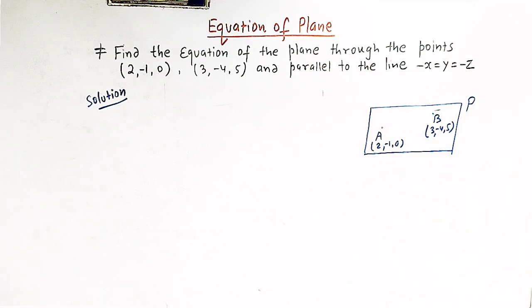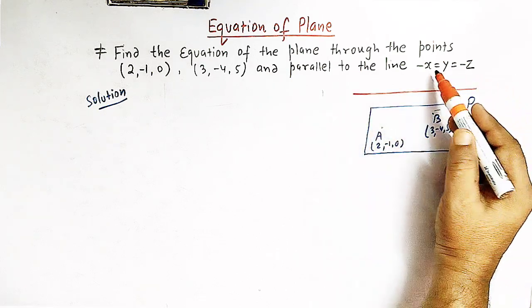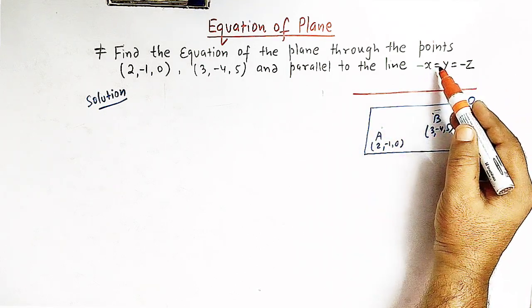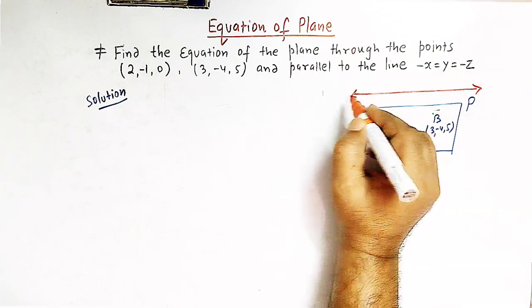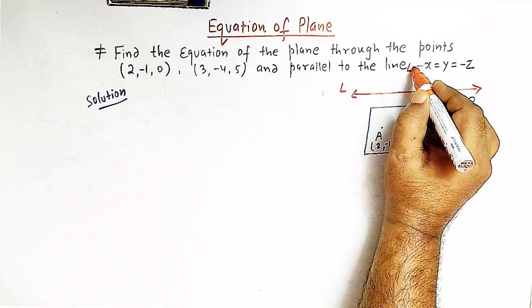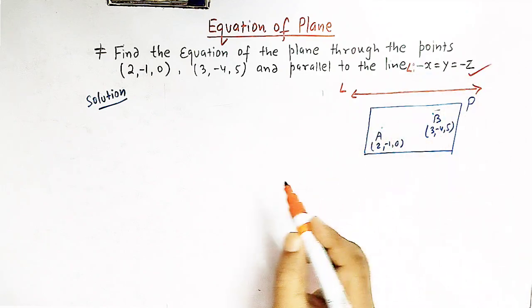And this plane is given to be parallel to some line, and this line is given by minus x is equal to y is equal to minus z. So this is our line L, whose equation is given by this one, right?